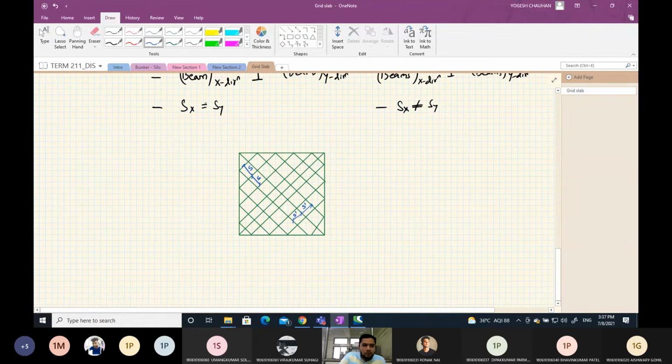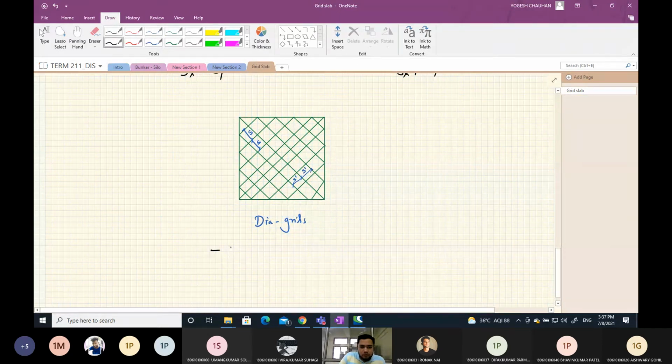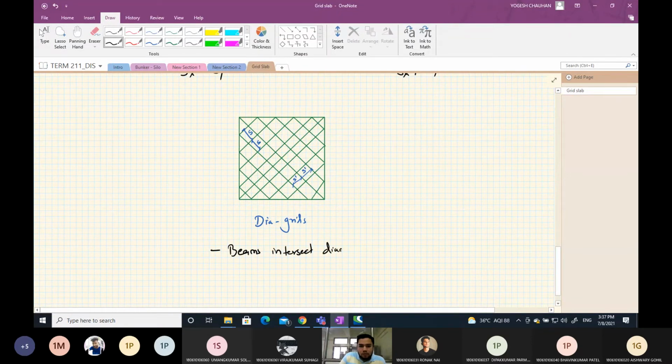Such a type is called diagrid, and here the beams intersect diagonally.